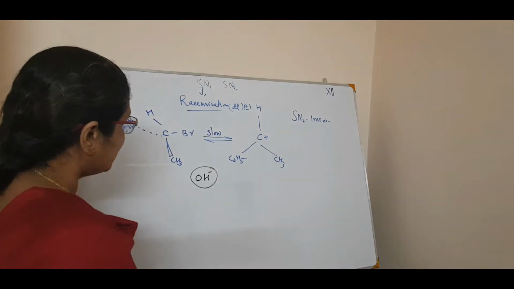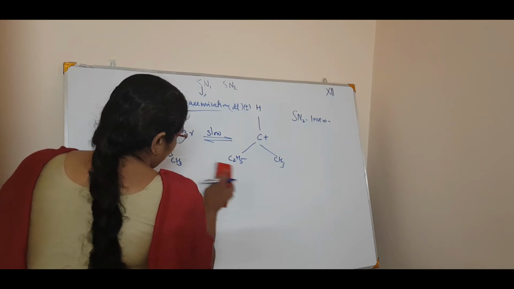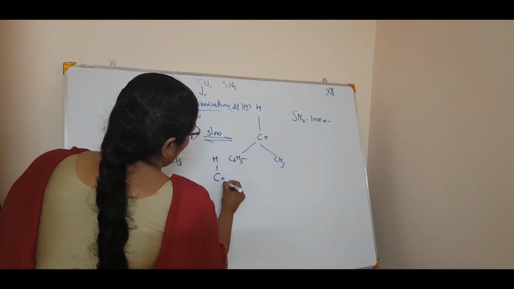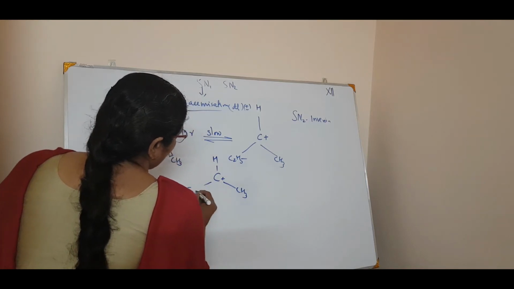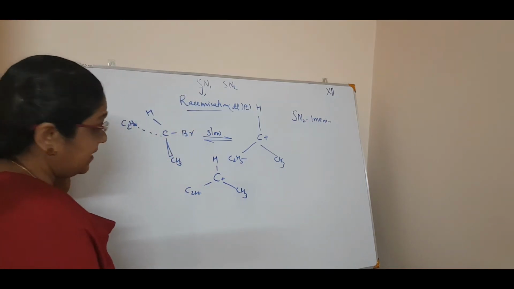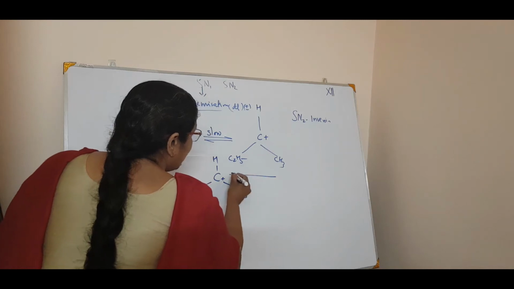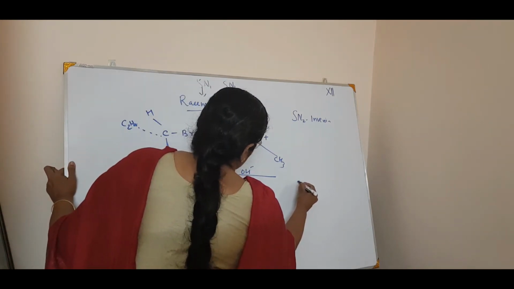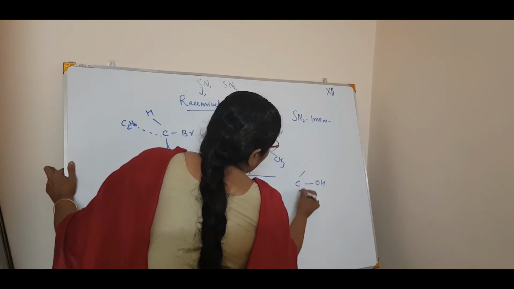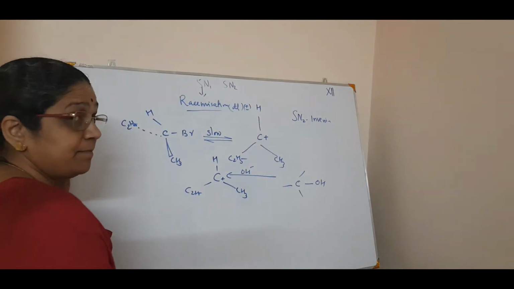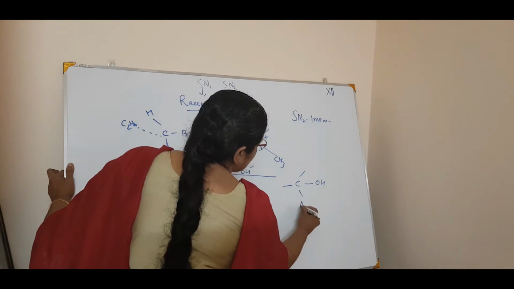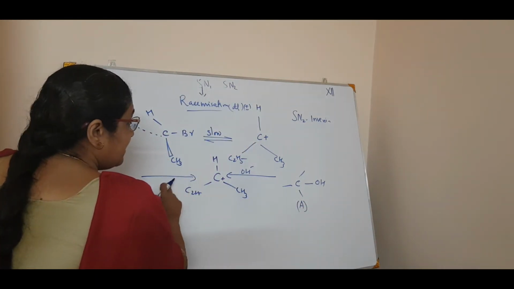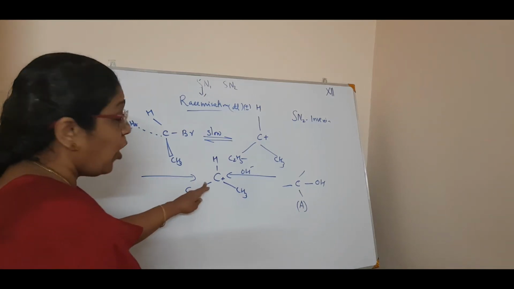Now how will I draw it? I can draw it in this way for your convenience. I have this carbocation. Listen. The OH minus can come from this side and form the product with the OH here and the other three groups there. Correct? Now if we represent this as our A, the first product, the OH minus at the same time can come and attack from the opposite side.